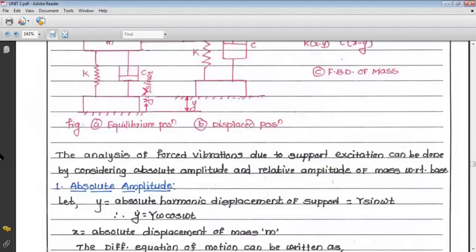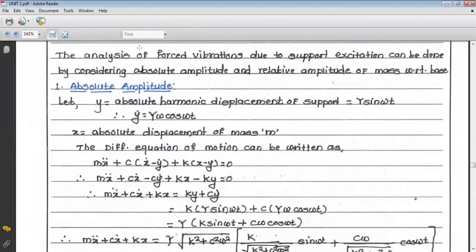What is the magnitude? m x double dot is the inertia force, then c into x dot minus y dot is the damping force because of the damper, and k into x minus y is the spring force because of the stiffness, and the sum is equal to 0.